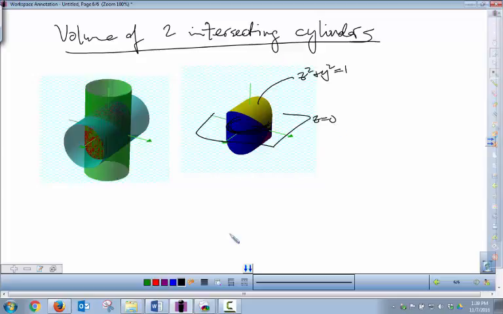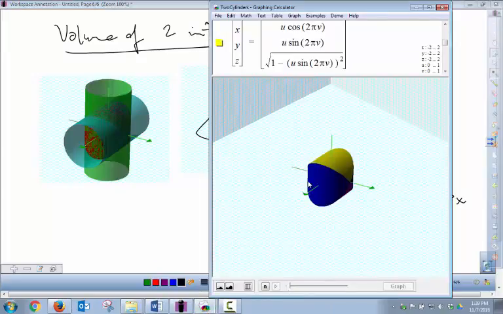But what is important is to take a look at the view from the top, where we're just looking at the shadow on the xy plane. And so if we take a look at this drawing from the top, it's a circle.